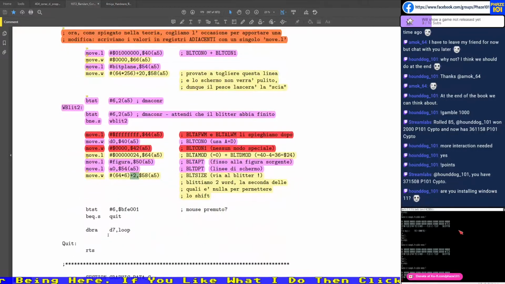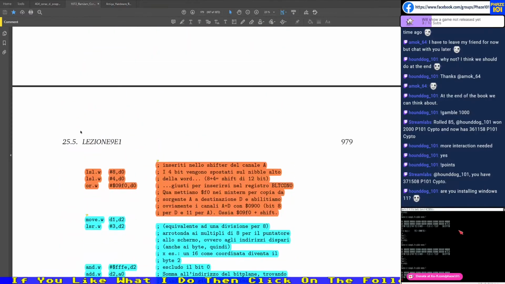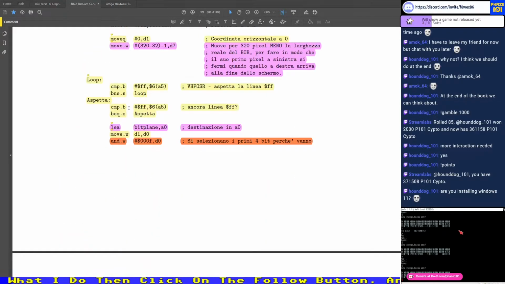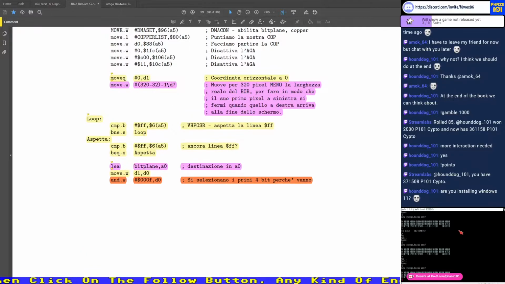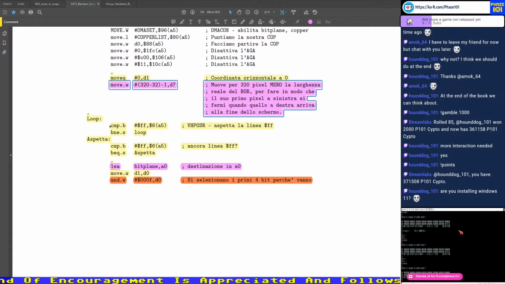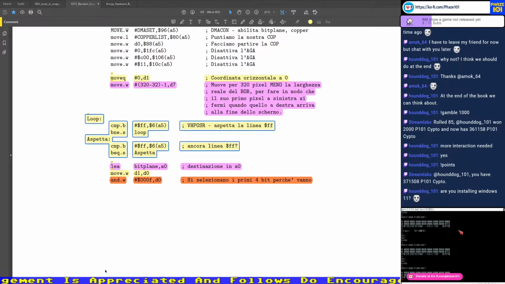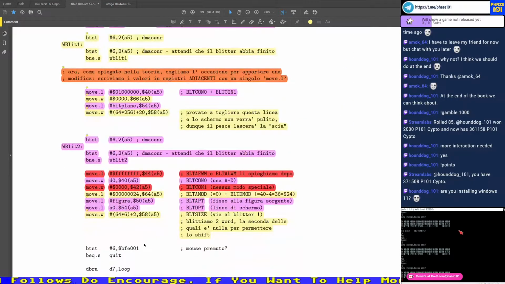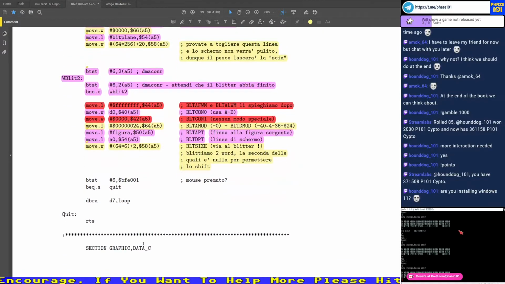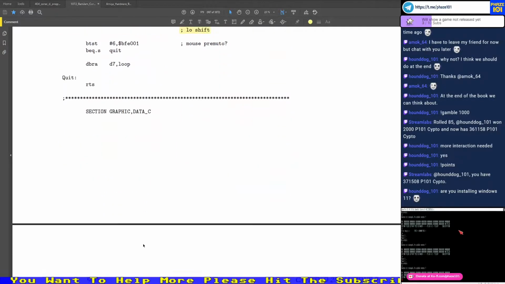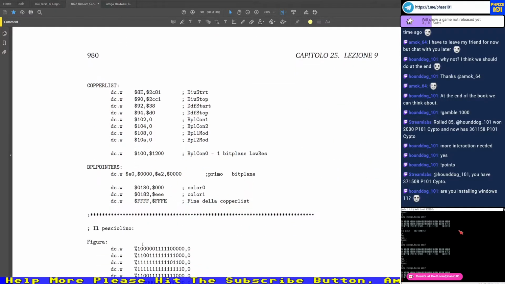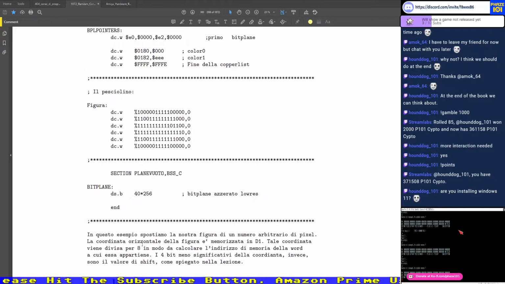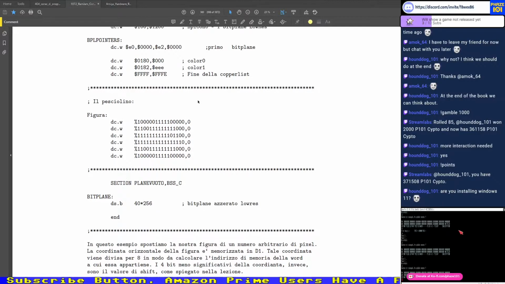So we decremented D7, which is this value that we initialized with this calculation. We jump up here and we continue with the loop. That's basically how we are moving the fish across horizontally. We already saw it vertically, we are doing it horizontally because this is the lesson of shifting.